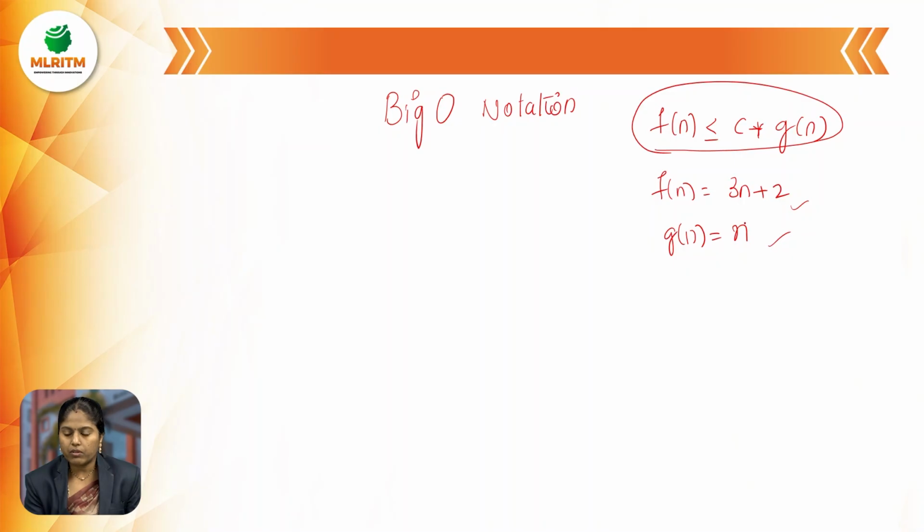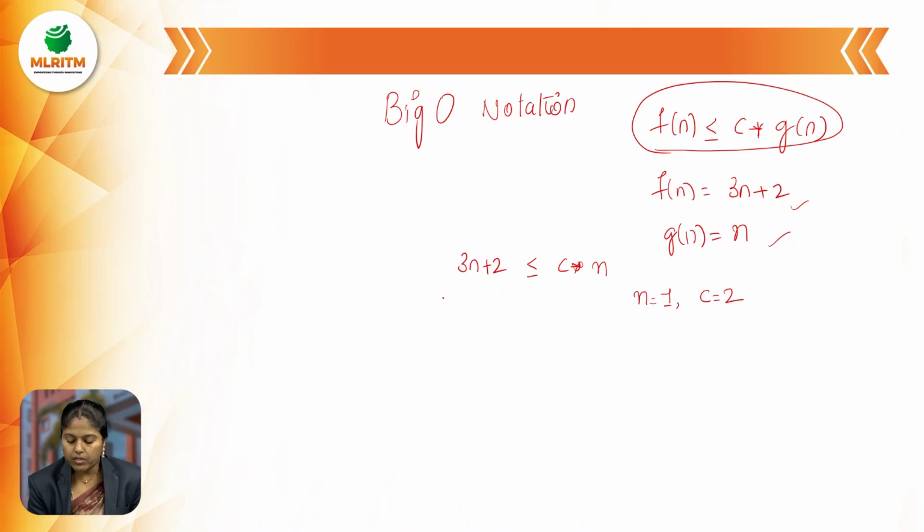What is the value of f of n? f of n is 3n plus 2, less than or equal to c into g of n. What is the g of n value? It is n. Now we have to substitute the n value and the c value. Suppose we take n equals 1 and c equals 2.